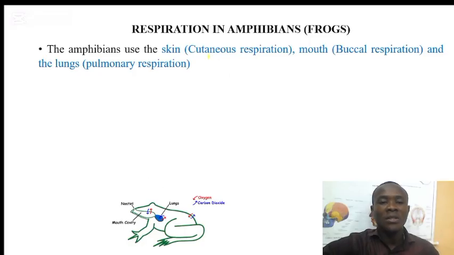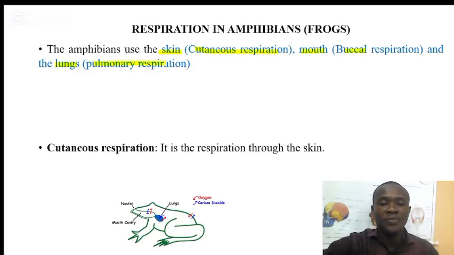So the adult uses their skin for respiration, which we call cutaneous respiration, and they can use their mouth for respiration, which we call buccal respiration, and they can use their lungs for respiration, which we call pulmonary respiration. We are going to discuss all of them.